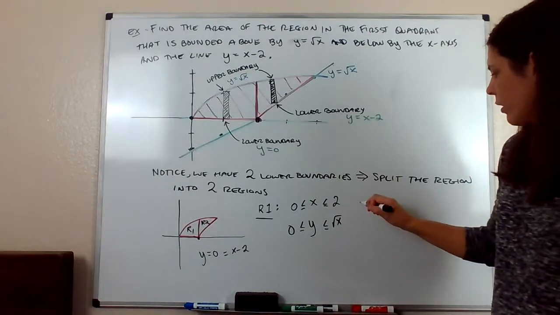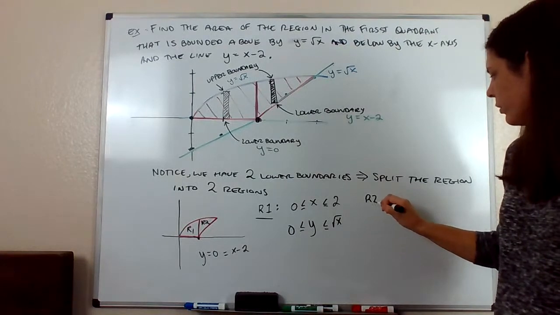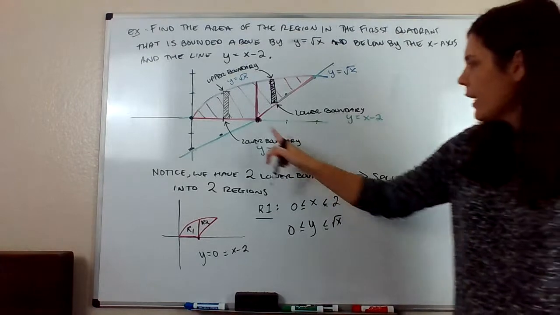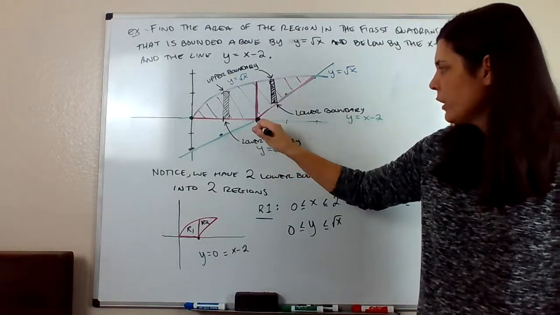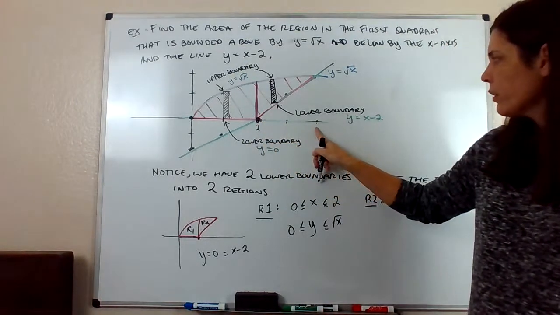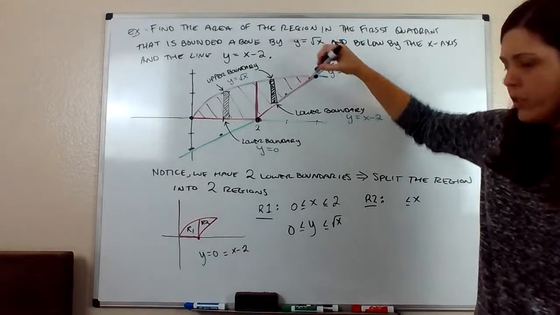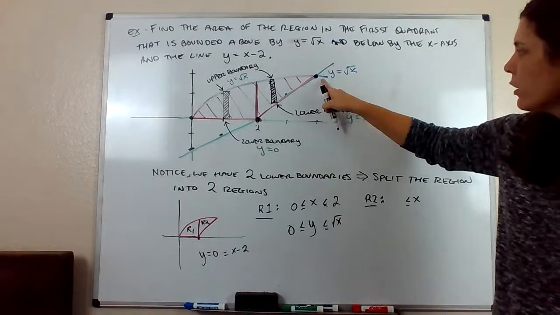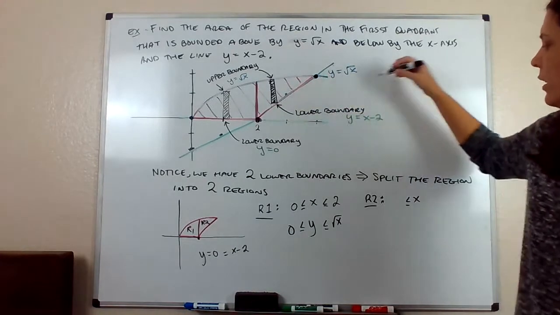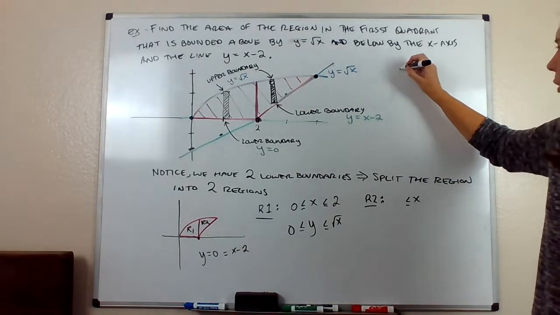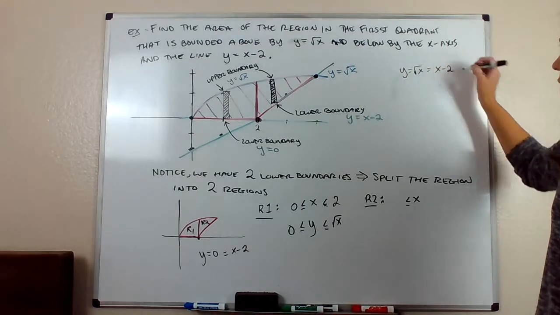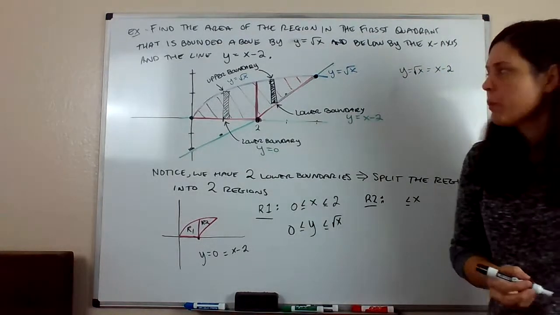Now, on region 2, let's go with x. X starts here. We just figured out that was 2, and it goes all the way to here. If we hadn't seen this from our graph, we can do a quick calculation. The square root meets the line: y equals square root x meets the line x minus 2, and then you can solve for that pretty quick.